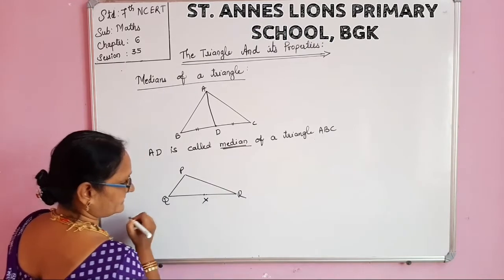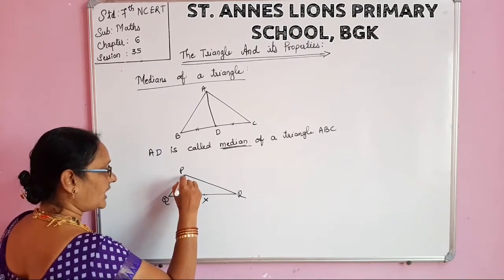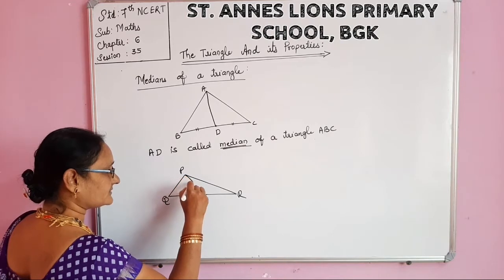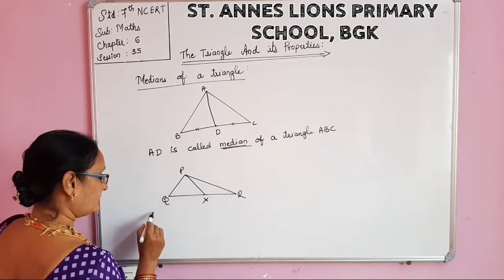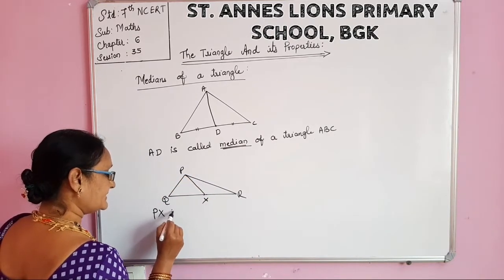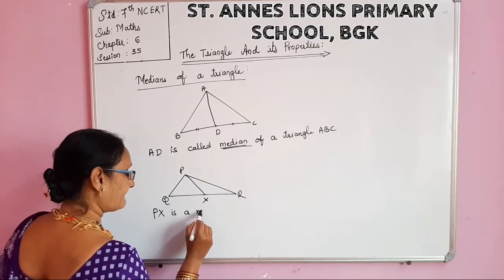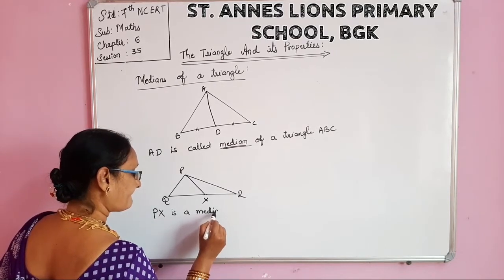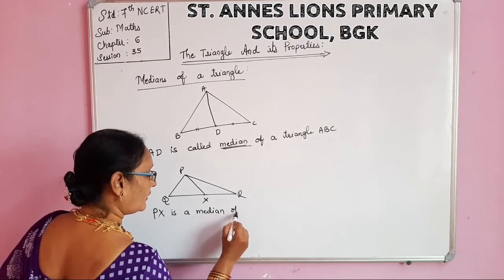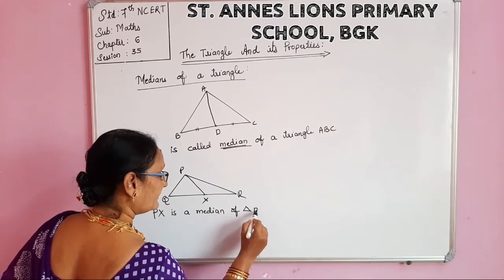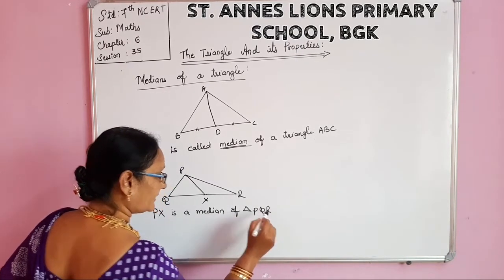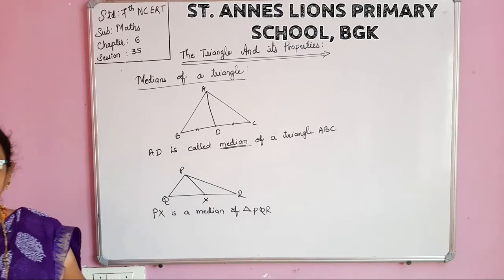This is X. Now you join the opposite vertex to X. PX. Now here what do we call? PX is a median, the median of triangle PQR. I hope you understood what a median is.